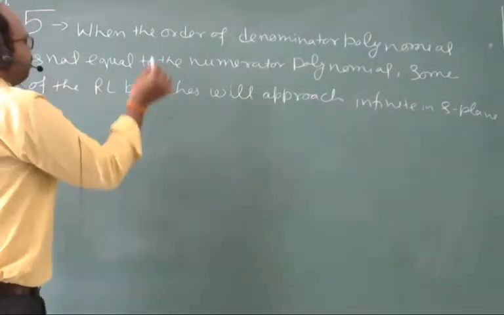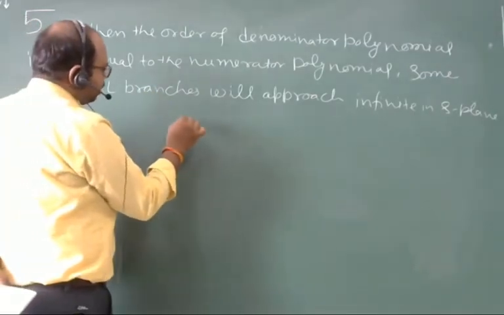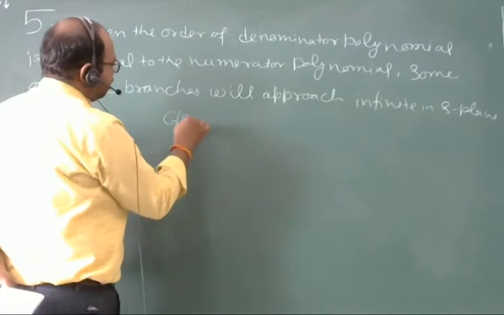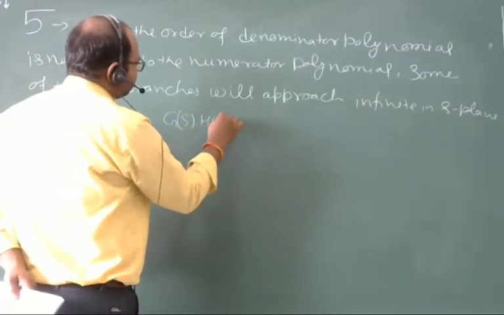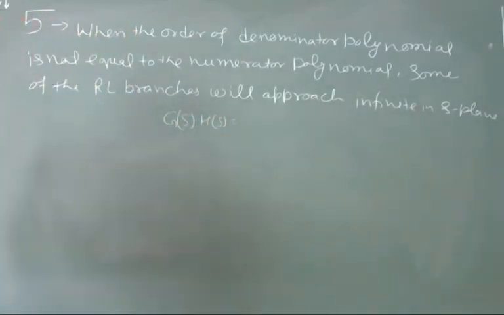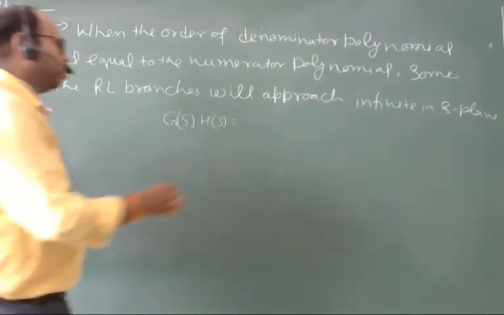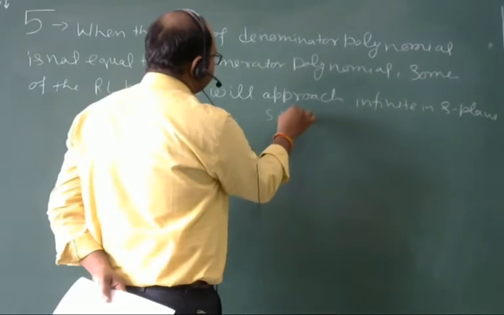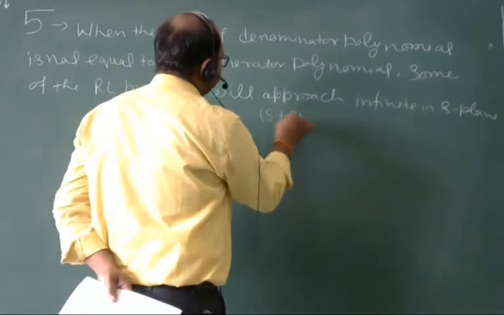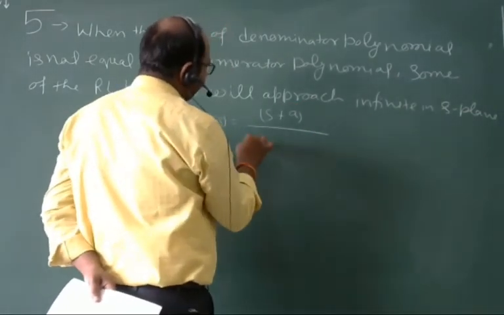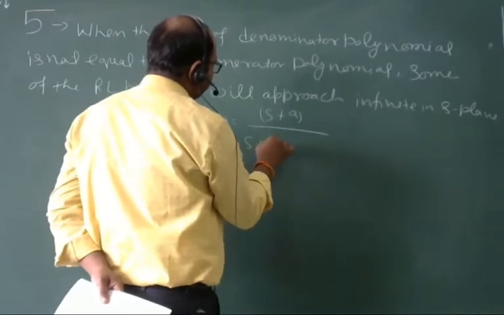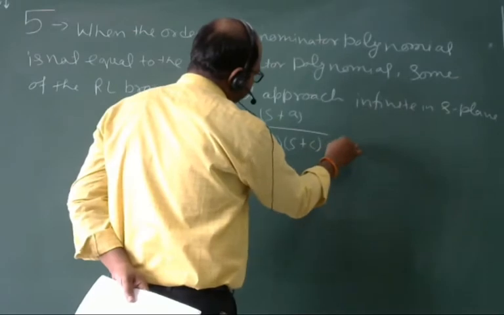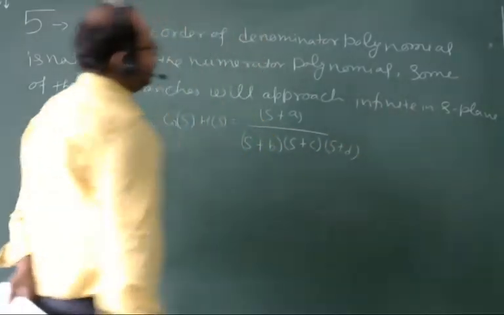For example, let us assume we have G(s)H(s) is equal to (S plus A) divided by (S plus B)(S plus C)(S plus D), right?